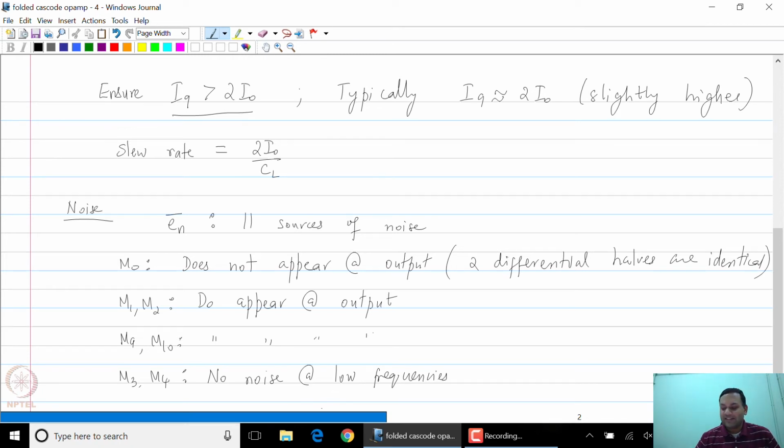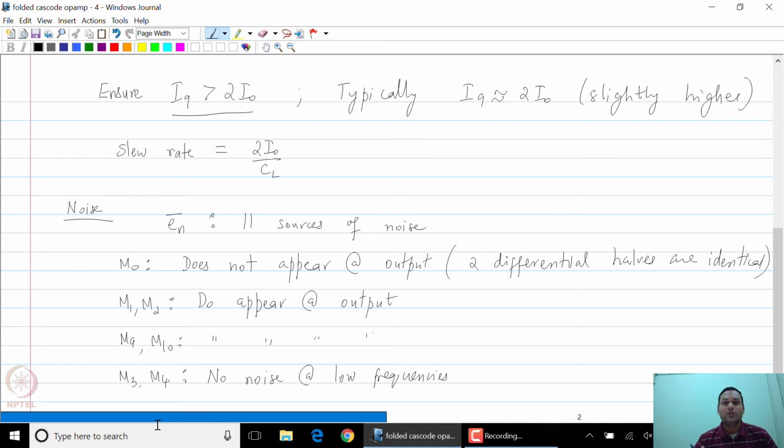At high frequencies, because you have parasitic capacitances at the different nodes, the noise from the cascode transistors can appear at the output. So I will leave that as a homework exercise for you to look at for a simple single-ended cascode. You can also look at folded cascode or a regular cascode.